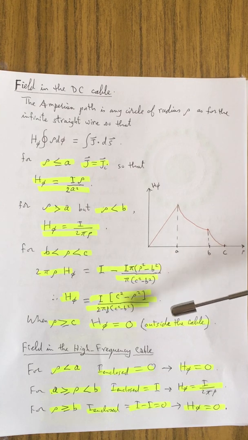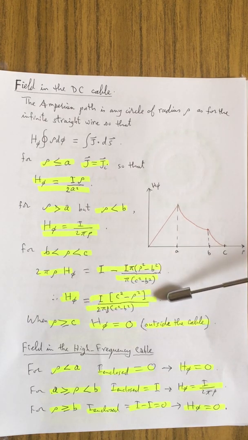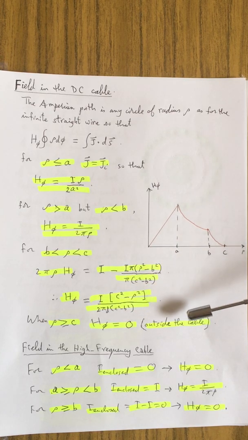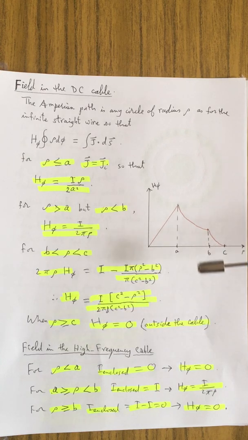So if we combine, we find H_phi is equal to this, and if rho is equal to c, this becomes 0. So outside the coaxial cable, we have no field, H_phi equals 0, just as we had for the electrostatic case. The electric field was 0 outside the cable.